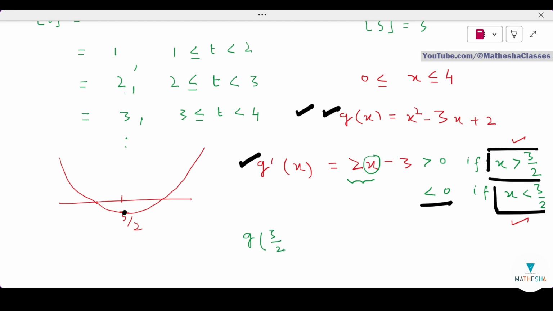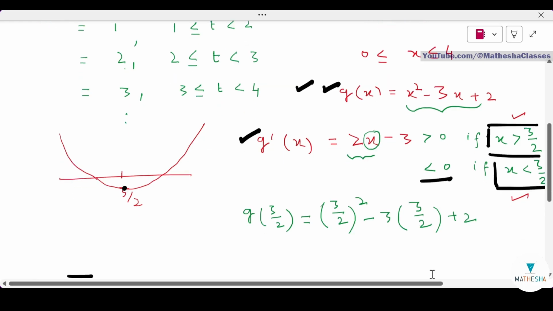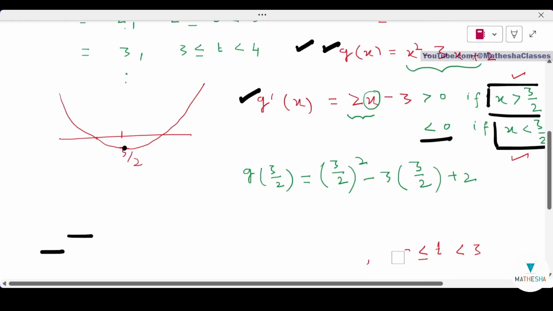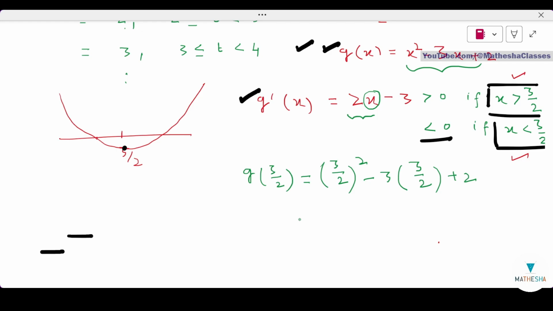G of 3 by 2 will be equal to, let us put the value x equal to 3 by 2 here. So that will be 3 by 2 square minus 3 into 3 by 2 plus 2, and that is equal to 9 by 4 minus 9 by 2 plus 2.